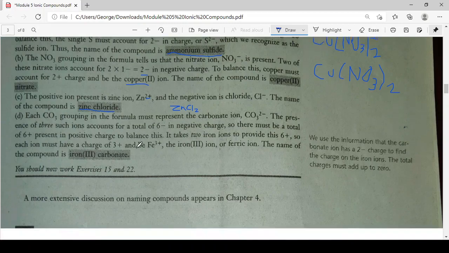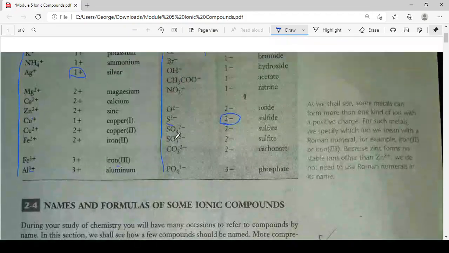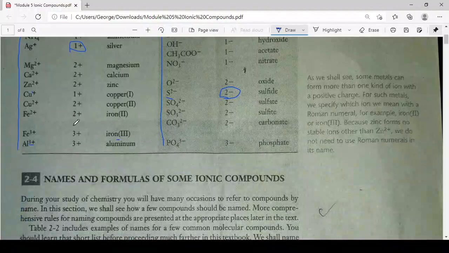Letter D naman natin, iron 3 carbonate is also written in this manner. Again, ang Fe3 plus natin is known as your iron. Iron 3 na siya, therefore it is 3 plus kay tatlo ang iyang charge. Iron 3 is known sa table 2.3 naton nga may charge nga 3 plus.